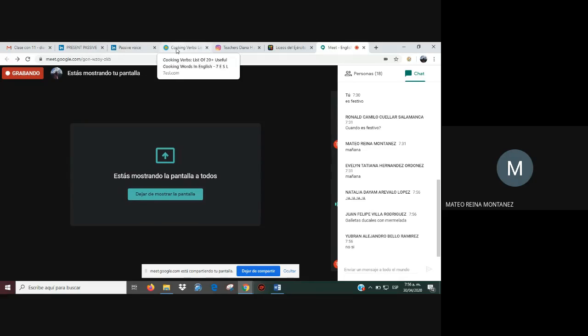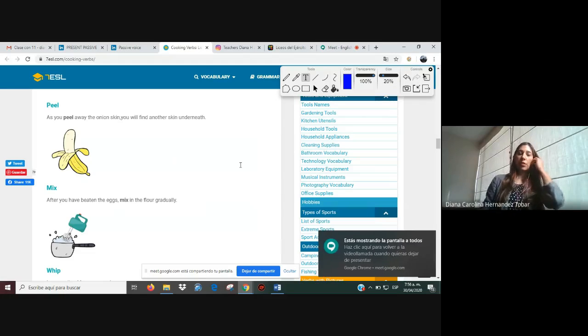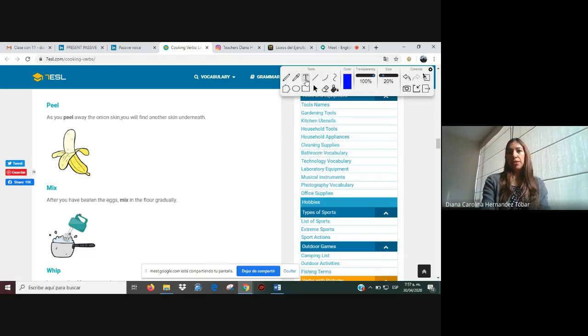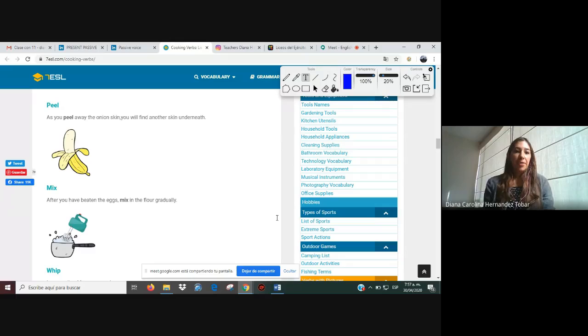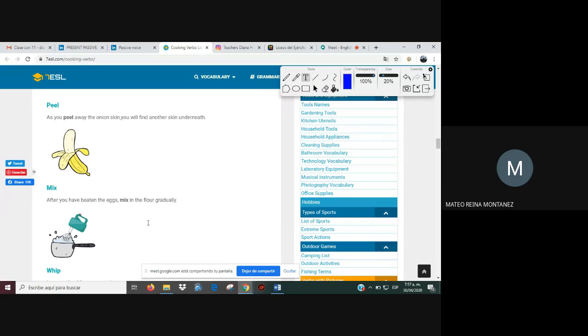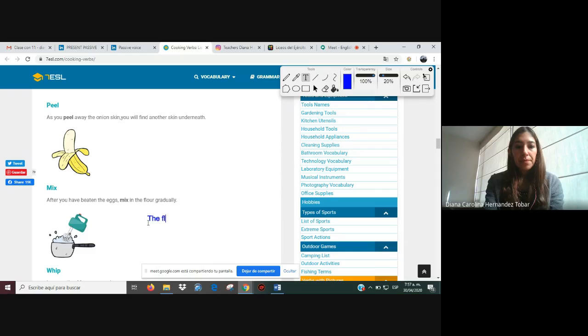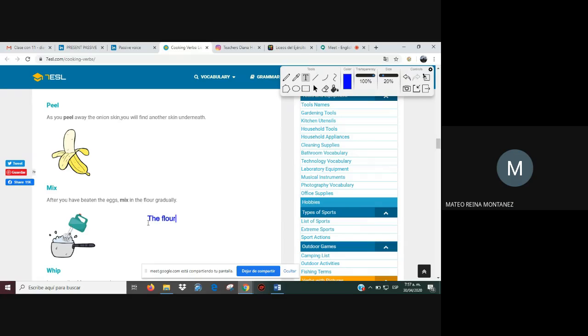Yes. Okay. You're going to choose one of these verbs, peel or mix, to create a passive sentence in present. Mix, okay. The flour is mixed.